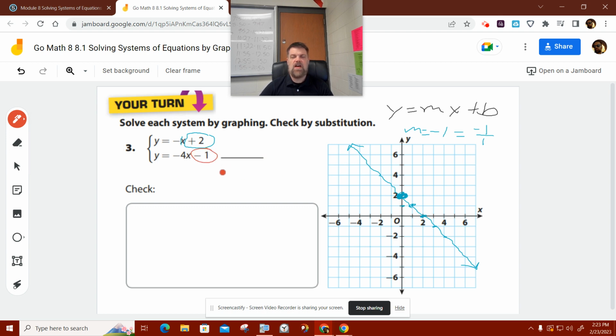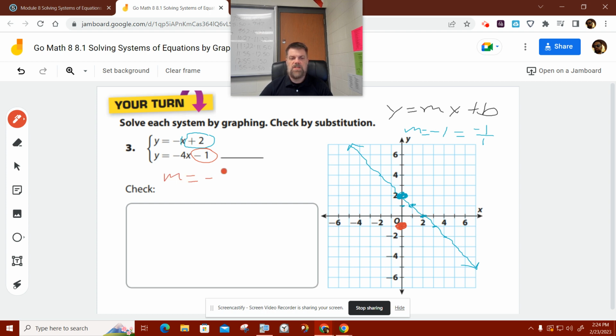Somebody raise your hand and help me graph this next equation. Yes, what do I do? You go the negative 1 is the y-intercept, so you go to -1 and put your first step in. Yep. So she said go to -1 on the y-axis because that's the y-intercept. What do I do next? You look at the 4x and -4 is our slope.